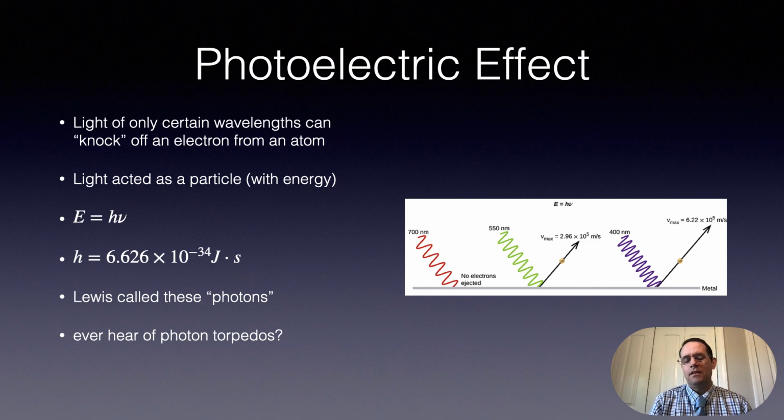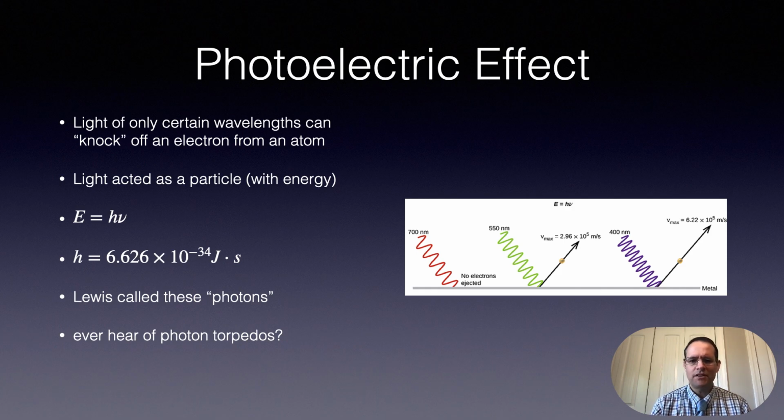Now, the Einstein-Planck equation shown here, E equals h nu. That little v that's curling to the side is pronounced nu. It's a letter in the Greek alphabet. And h is Planck's constant, okay? We attribute great things to Planck, but really this was just a fudge factor.